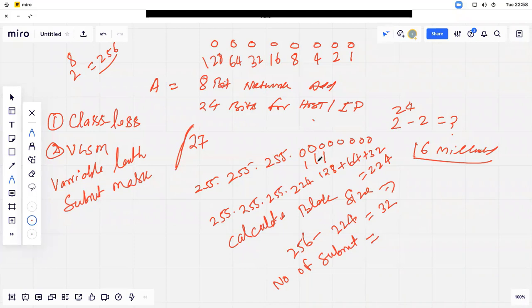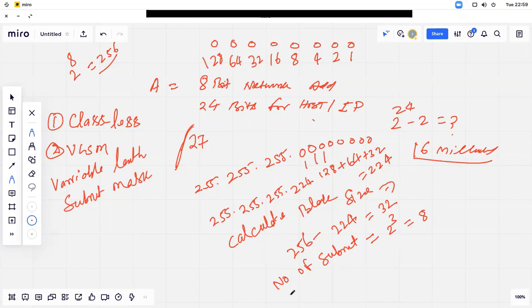We have taken 3 bits, so that becomes 2 raised to the power 3, which is equal to 8. Why are we taking 2 here? Because 2 is the base of binary and we have taken 3 bits to complete 27 bits. So this becomes 2 raised to the power 3, that is 8.